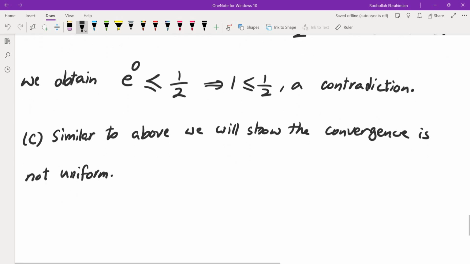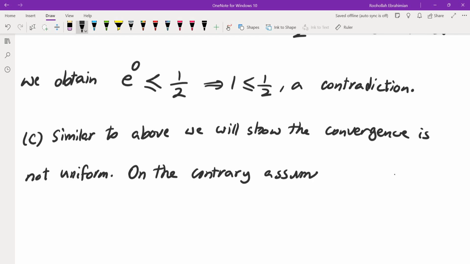Well, it would be quite similar. On the contrary, assume Hn converges to H and let epsilon be 1/2.